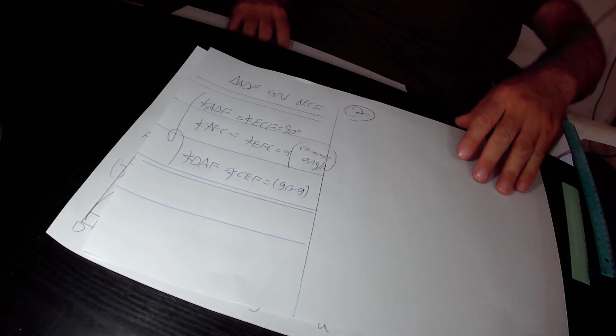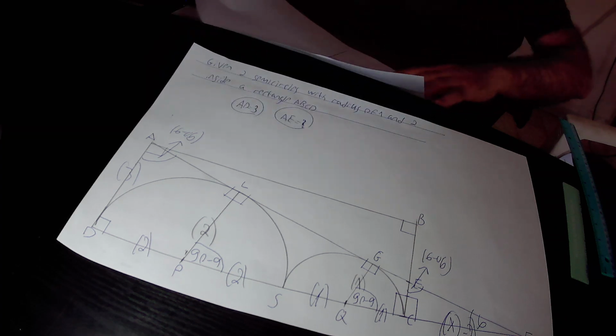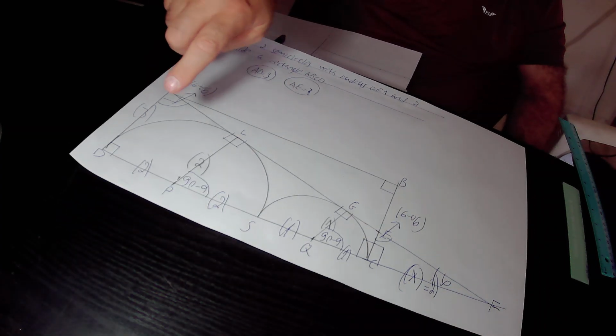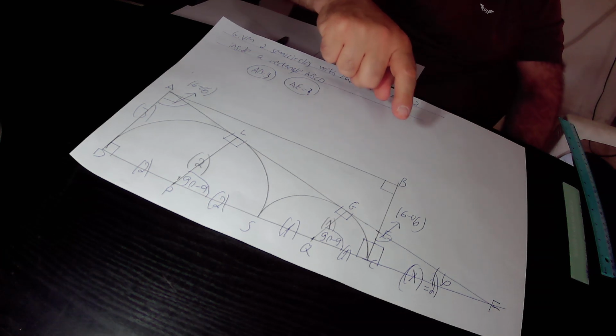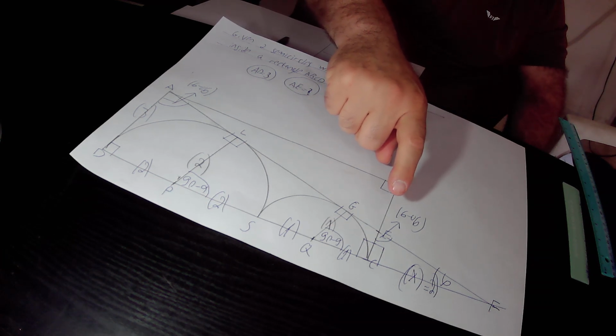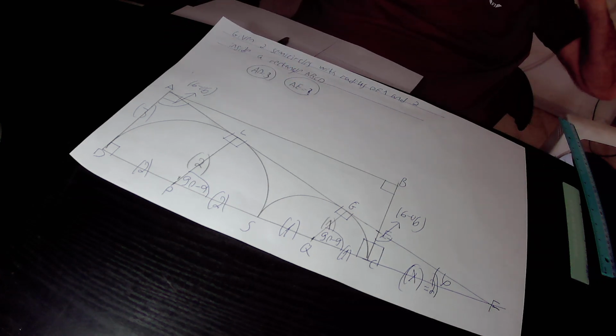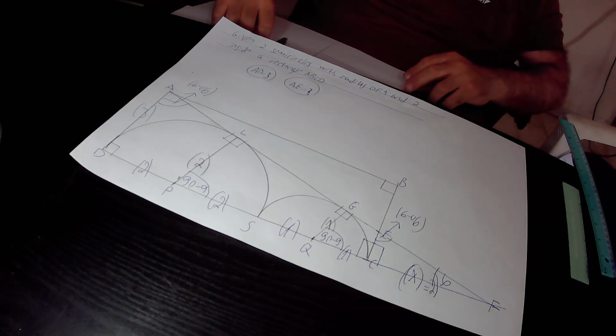So we prove that all the angles inside the big right triangle ADF are correspondingly equal to all the angles inside this small right triangle ECF. And therefore those two right triangles are similar to each other according to the angle similarity rule.